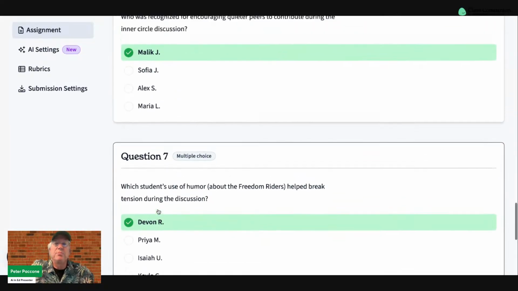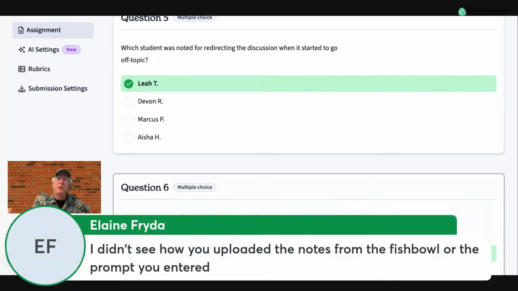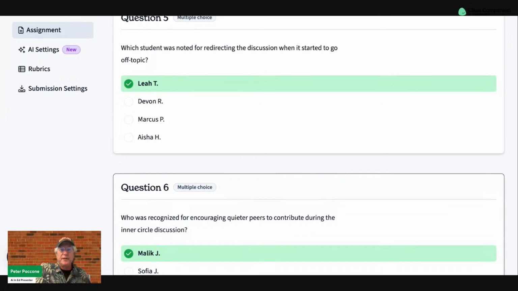And Devin. The point being here that you can not only have Class Companion AI create questions that assess student knowledge of the content that you were hoping they would learn as a result of their participation in this activity.